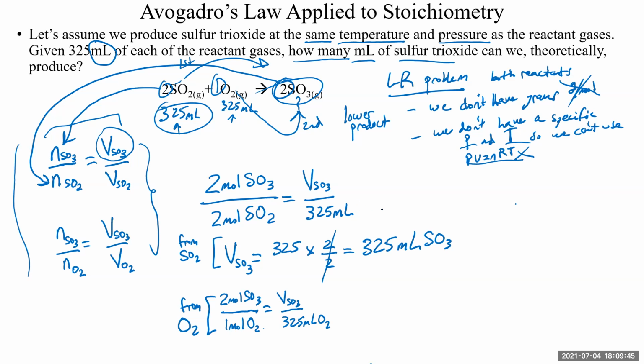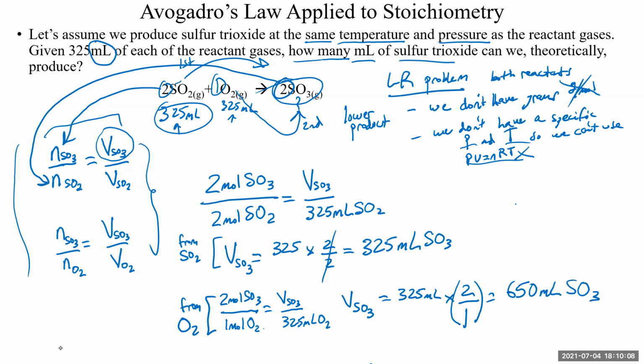We solve for VSO3. Volume of sulfur trioxide is going to equal 325 milliliters multiplied by 2 over 1. So that's going to be 650 milliliters of sulfur trioxide.